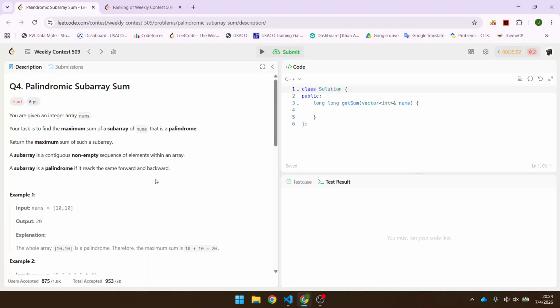Find the middle of it. Two, three, four, five, six, seven.